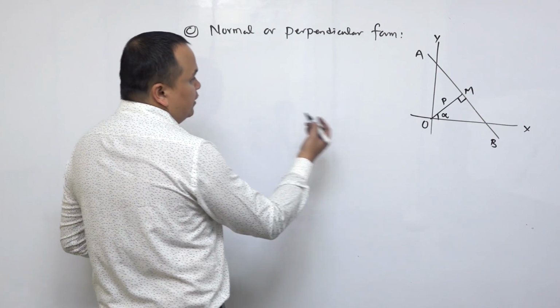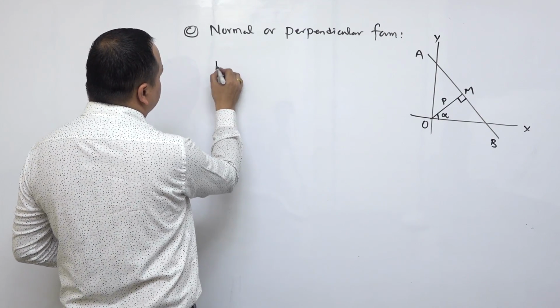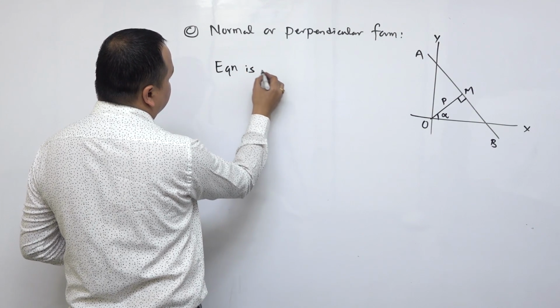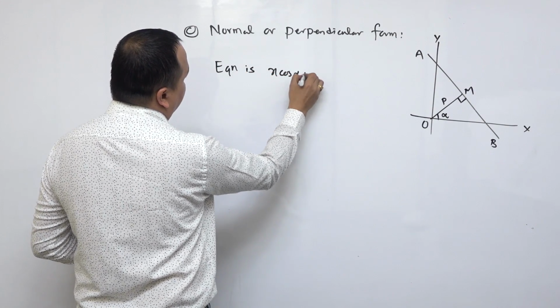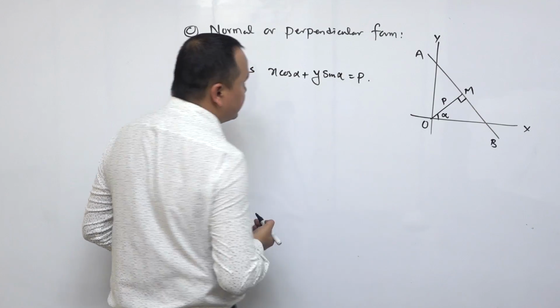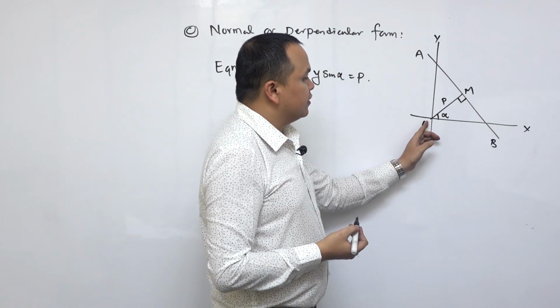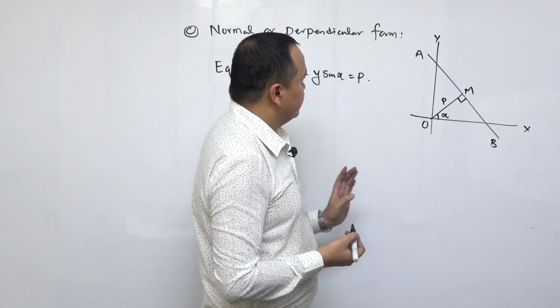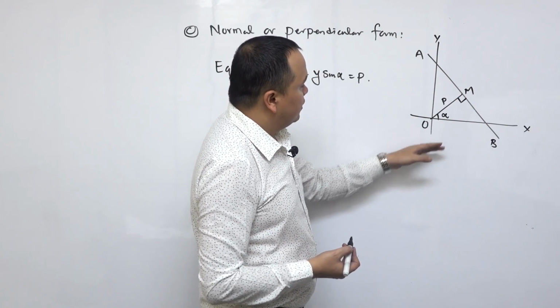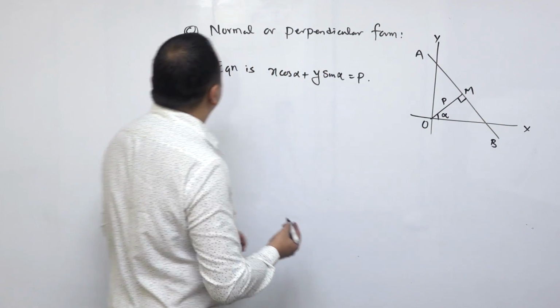Then the equation of AB in normal or perpendicular form is x cos alpha plus y sin alpha is equal to P. Here P is length of perpendicular from origin on the given line AB, and alpha is the angle made by OM with x-axis.